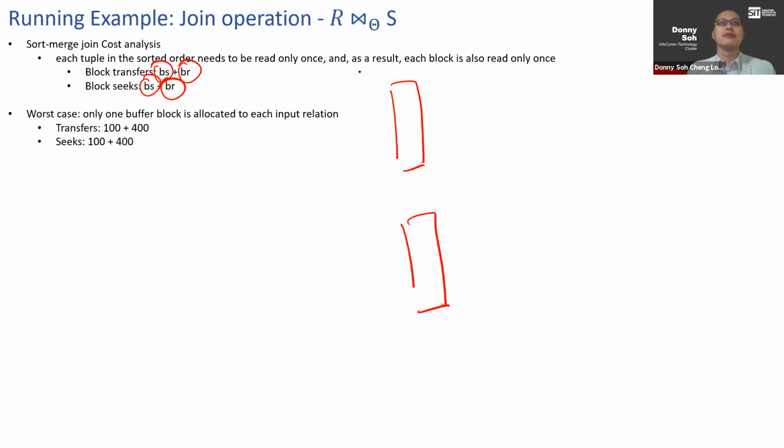Let's say I have R and S; I will need to read each block only once, and do a disk access for each block only once. So the cost will be BR plus BS number of transfers, as well as the number of disk accesses.